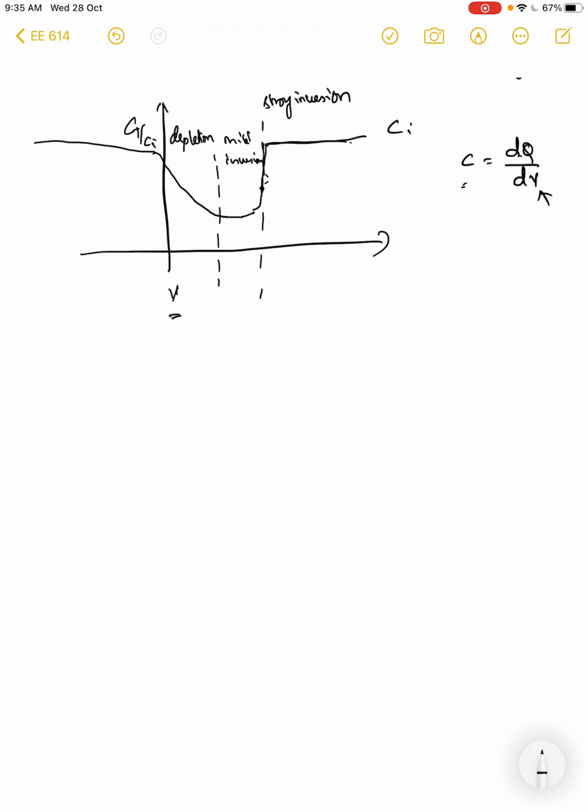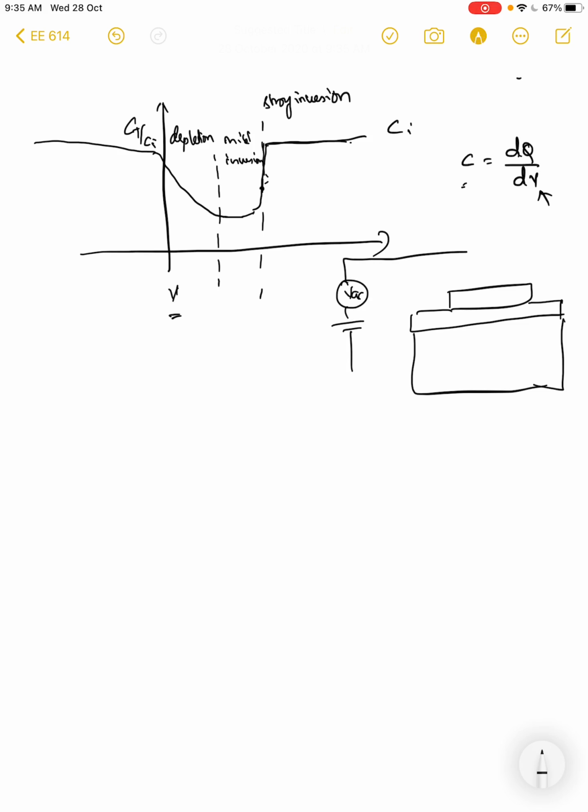So that's something that probably I missed out telling last time. One has to understand that the measurement of the CV happens in this fashion. So you have a DC bias superimposed by AC. So this is the ohmic contact, this is the metal, this is the gate insulator, right?